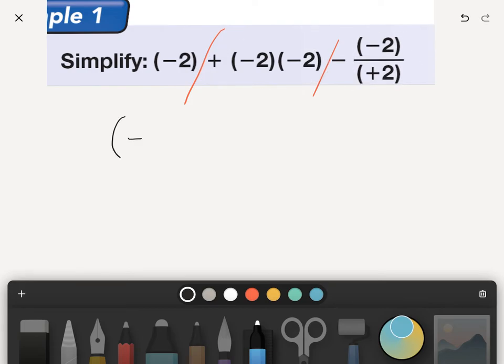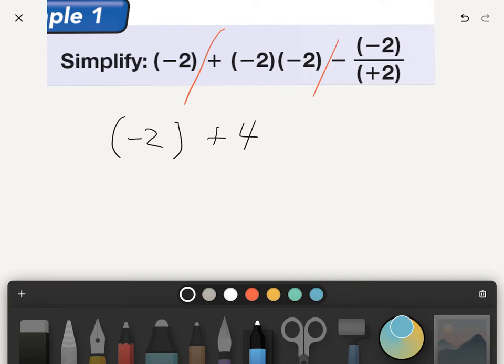So we can just bring this guy down, and then we can think, okay, -2 times -2 is going to get a value of positive 4, right?